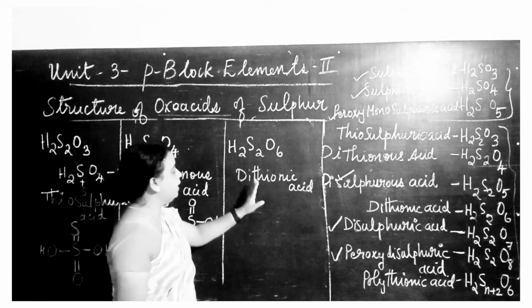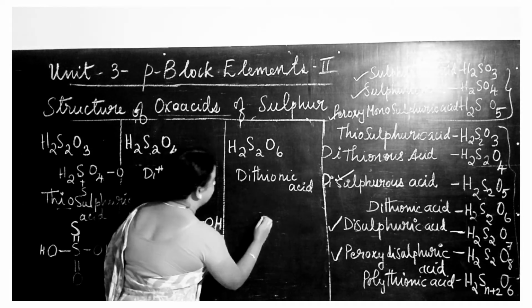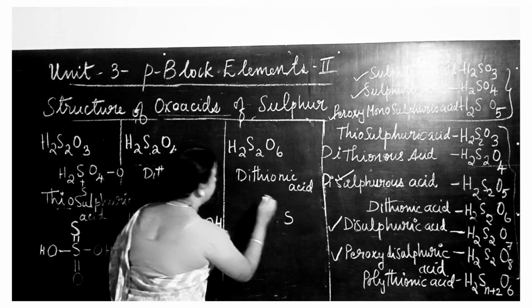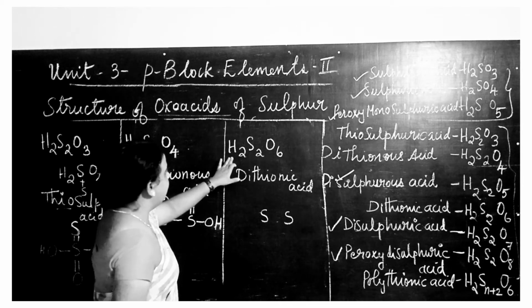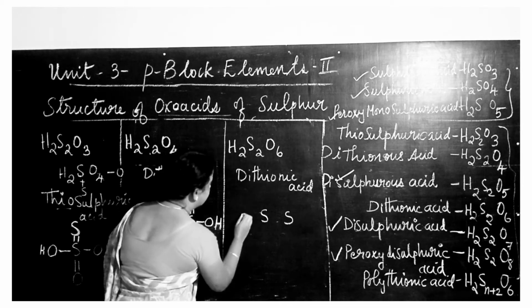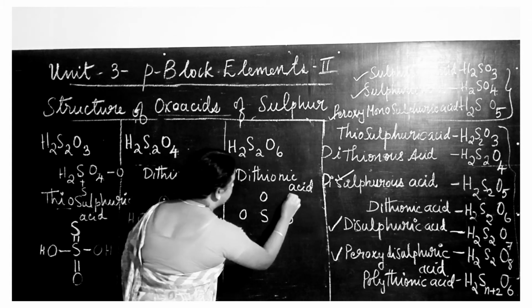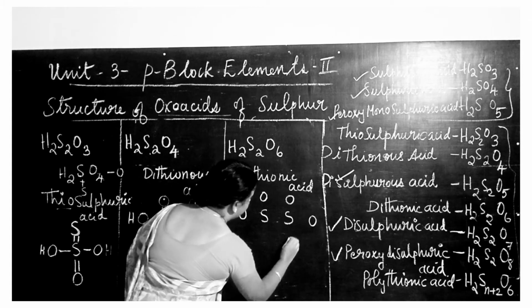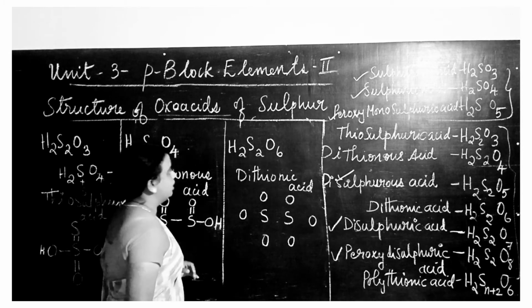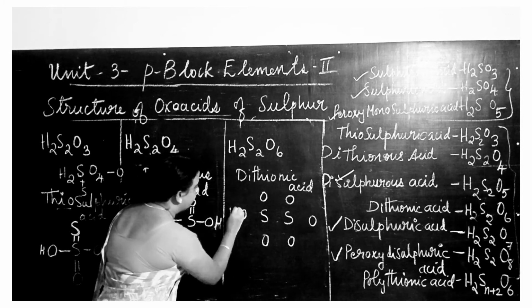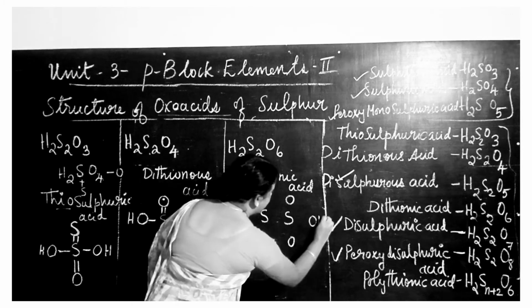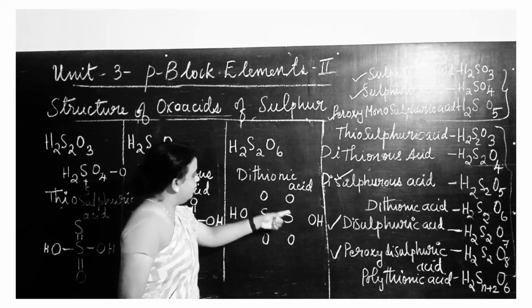Now we will give it for dithionic acid. Here also 2 sulfur atoms are there. Then 6 oxygen atoms: 1, 2, 3, 4, 5, 6. Now 2 hydrogen atoms. So 1 hydrogen atom here on this oxygen, and the other one here. All atoms are represented here.